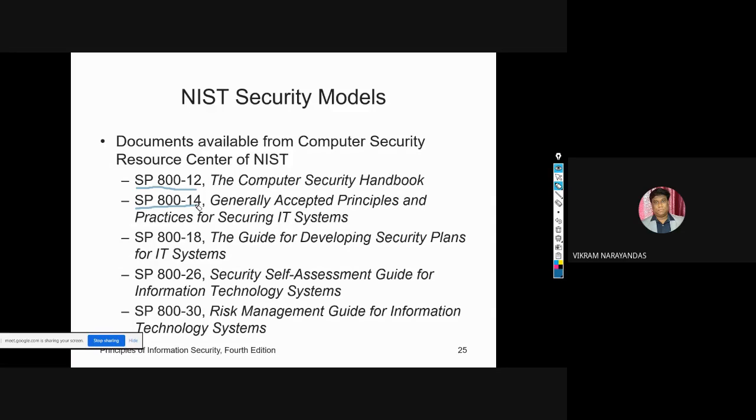This special publication describes the best practices and provides information on commonly accepted information security principles that can direct the security team in development of a security blueprint. Generally every organization needs a security blueprint for their policies, their standards, and further they conduct awareness programs for the employees.